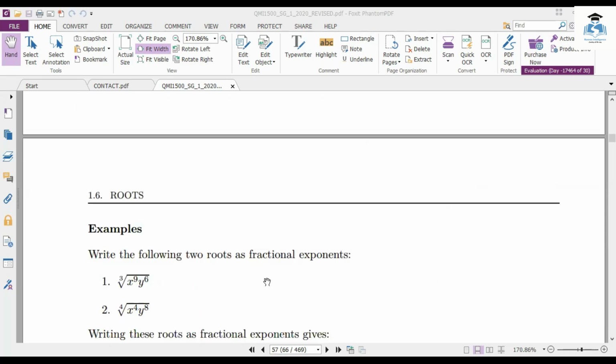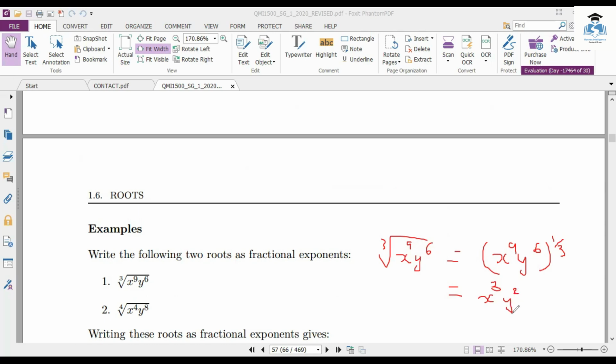Normally with these ones, you see the cube root of x to the power 9, y to the power 6. So you transform it to x to the power 9, y to the power 6, all to the power 1 over 3. So you just divide the powers by 3. For x, 3 into 9 is 3. For y, 3 into 6 is 2.